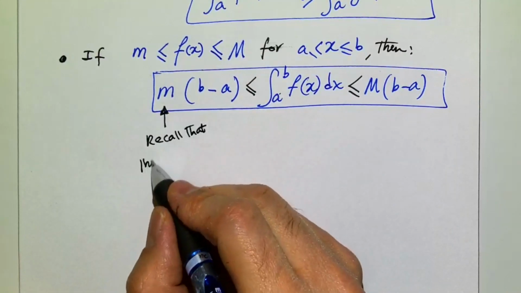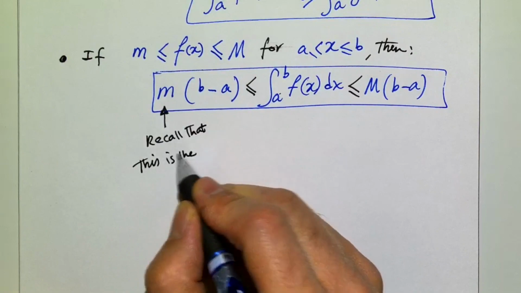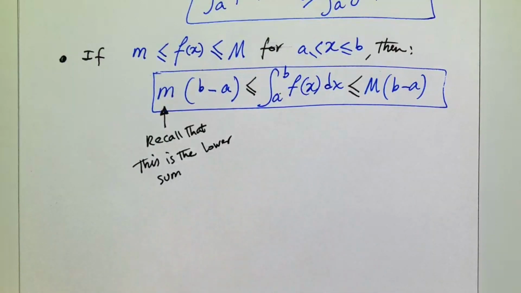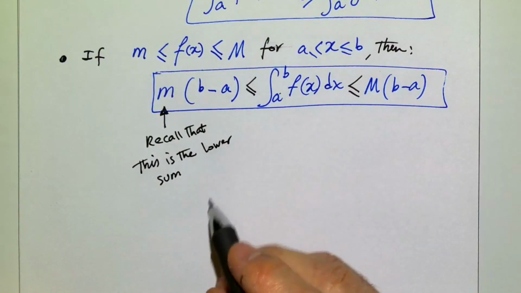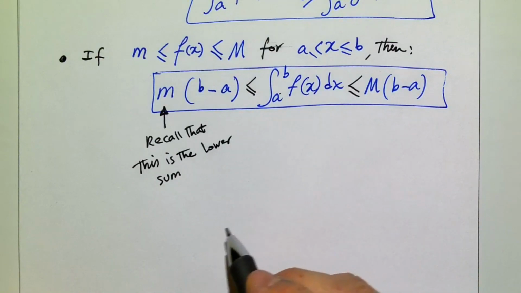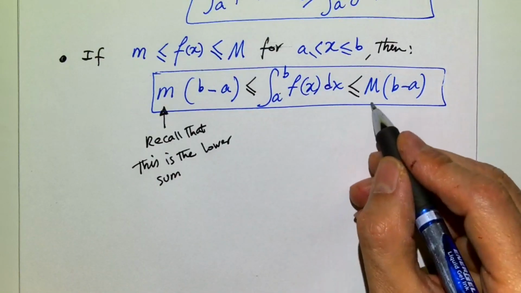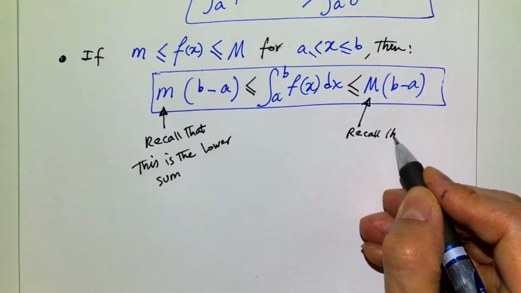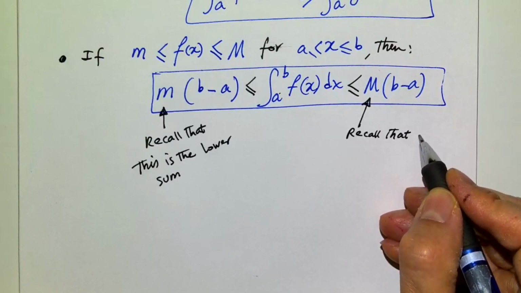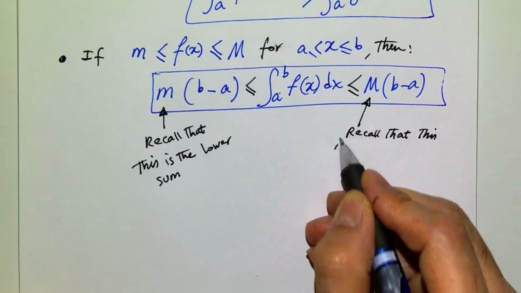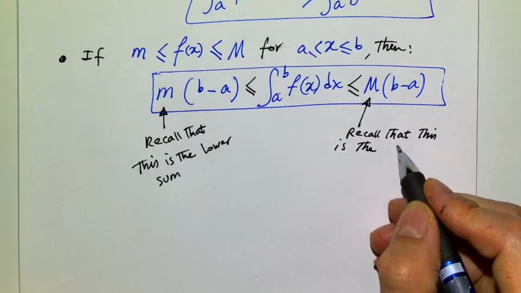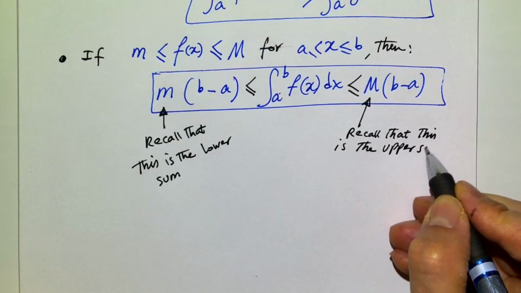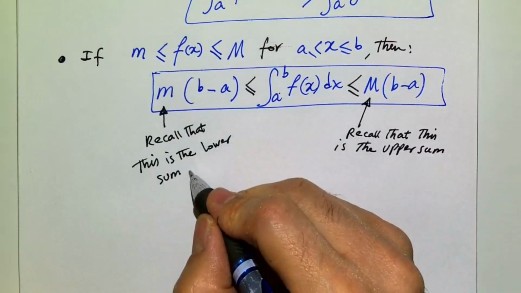Recall that this is the lower sum, and that one, that this is the upper sum, or lower sum estimate of the area.